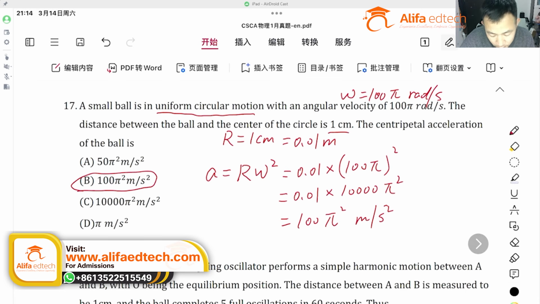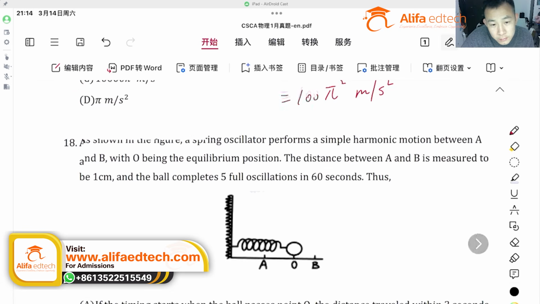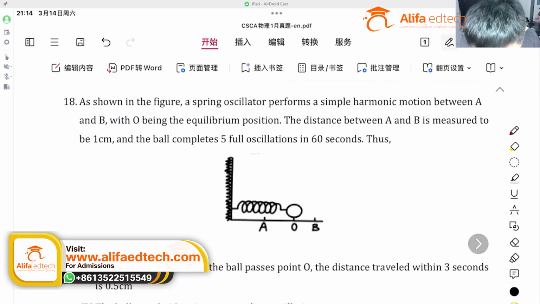Okay, the next one, question 18. It says a spring oscillator performs simple harmonic motion between A and B, with O being the equilibrium position. The distance between A and B is 1 centimeter.